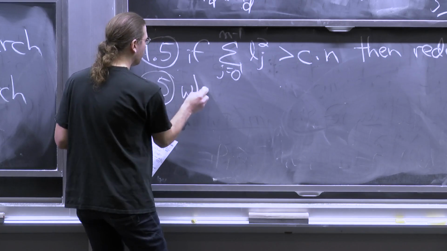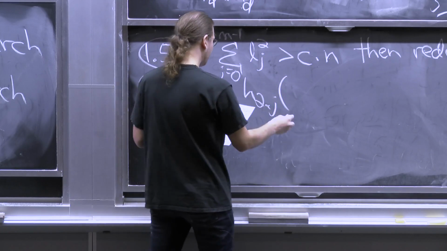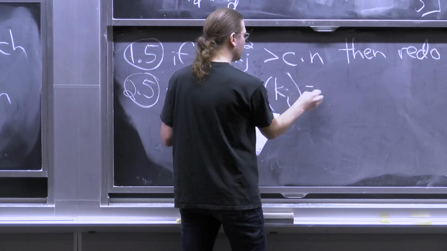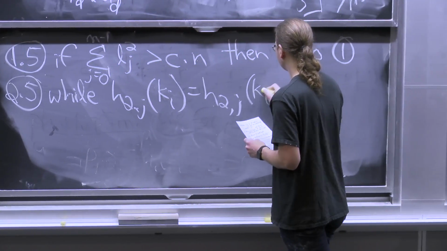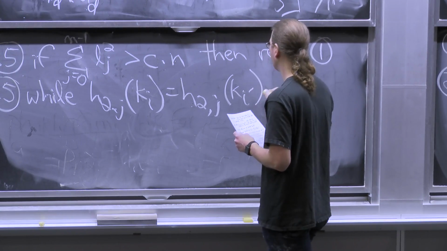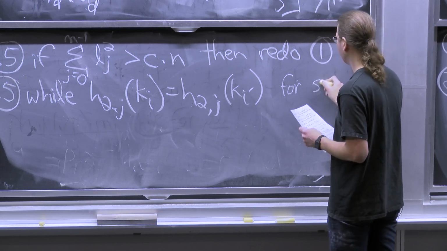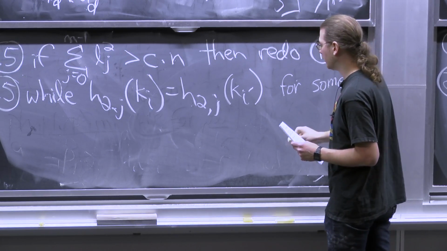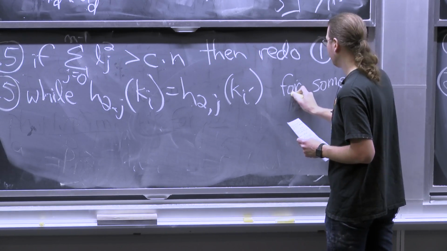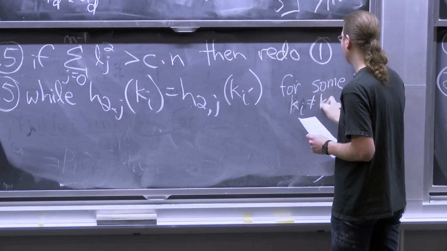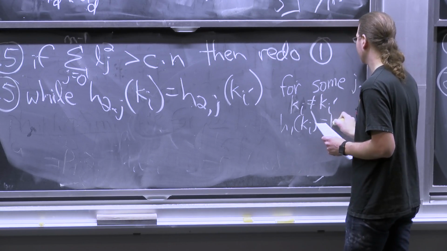is while there's some hash function, h2j, that maps 2 keys that were given to the same slot at the second level, for some j and let's say ki different from ki prime, but they map to the same place by the first hash function.